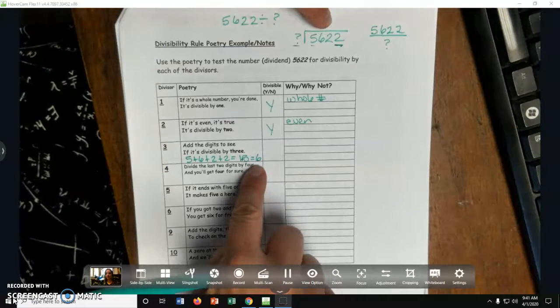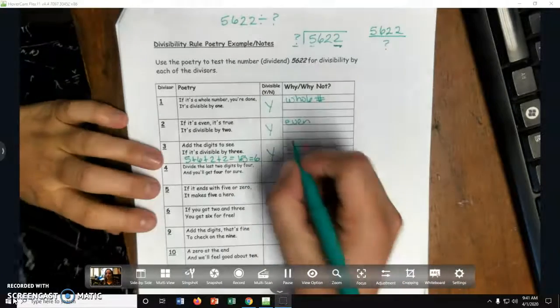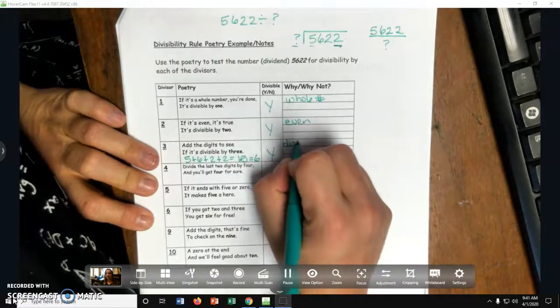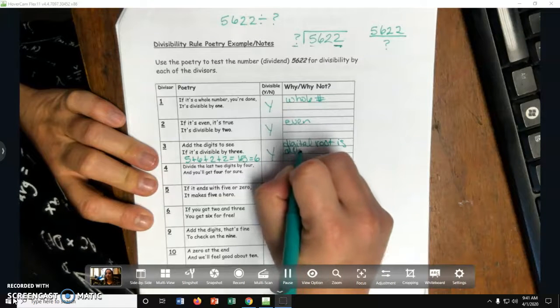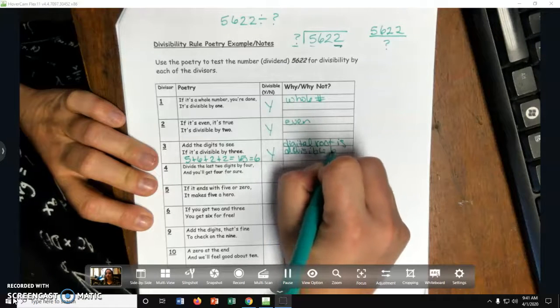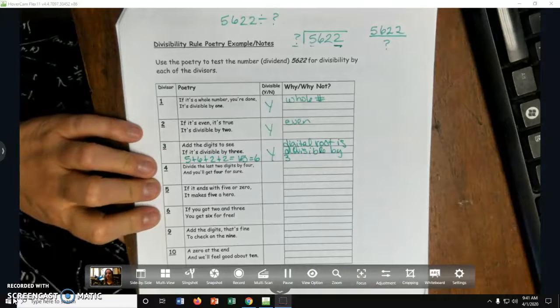Is 6 divisible by 3? Yes. So we can say the digital root is divisible by 3. Okay?